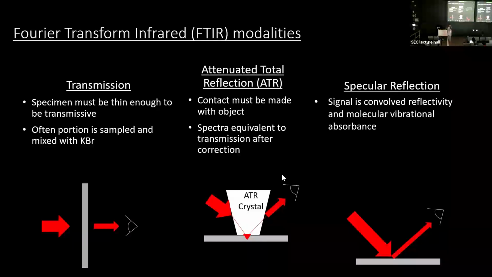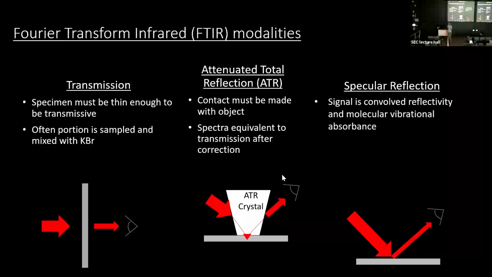Does the type of crystal matter, or when does it matter? So the type of crystal matters because the penetration depth of this evanescent electric field depends on the index of refraction of the ATR crystal and the index of refraction of your sample.